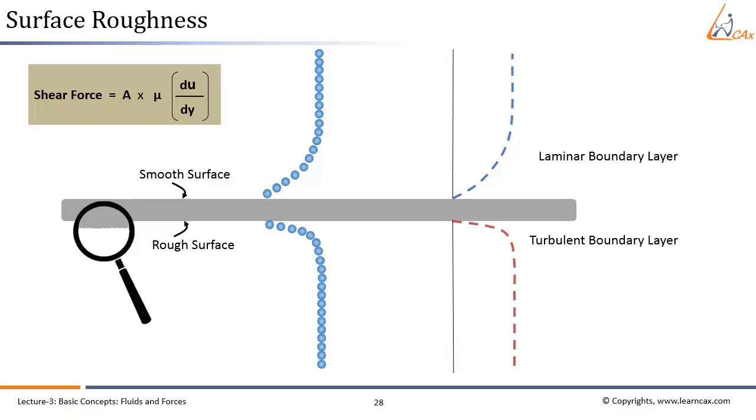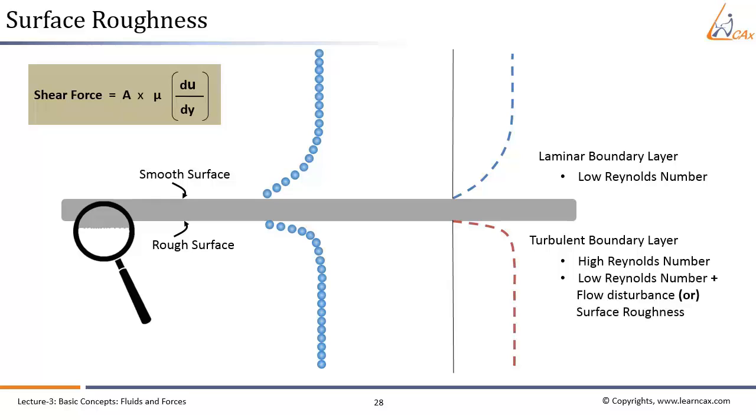Yes, a boundary layer may be either laminar or turbulent depending on the value of the Reynolds number, which is a ratio of inertial forces to the viscous forces. For lower Reynolds numbers, the boundary layer is laminar, and for higher Reynolds numbers, the boundary layer is turbulent. But even at low Reynolds numbers, a small disturbance or roughness on the surface can make the boundary layer turbulent.